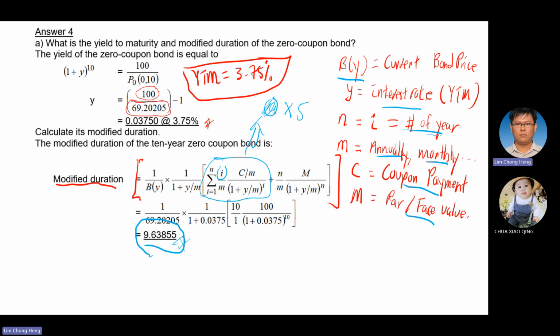This is what we call how people study hard to let the next generation suffer. So Chua, if you have taken fixed income securities, the textbook may use this formula.